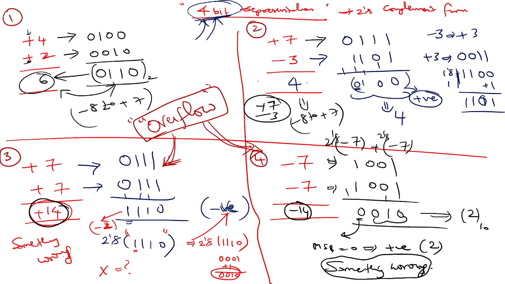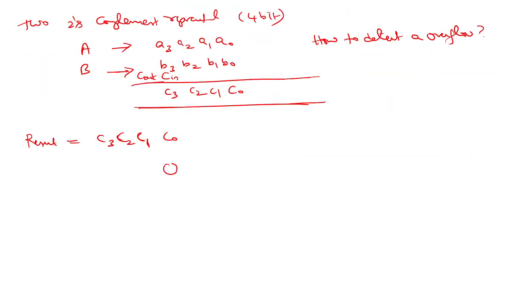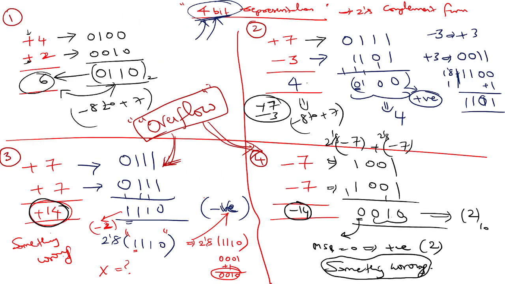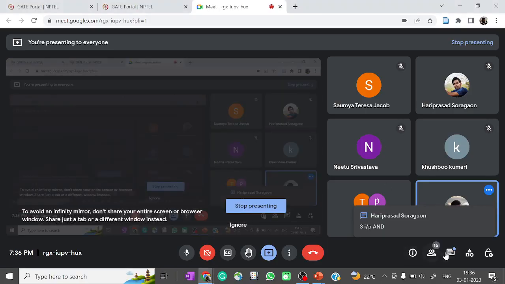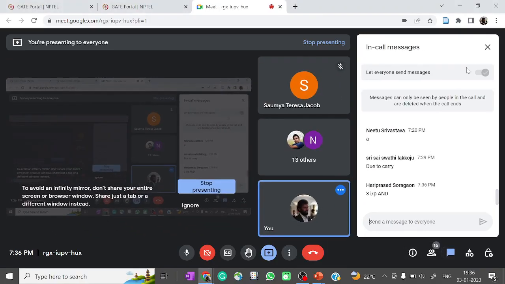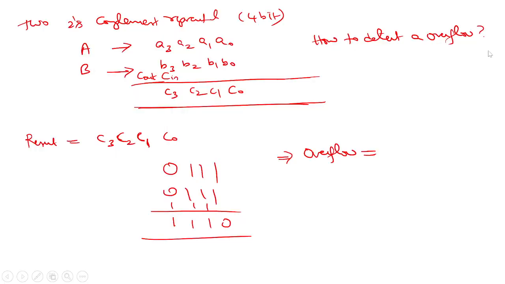Now look at this example. What does this example say? 0, 1, 1, 1, 0, 1, 1, 1. So what is the result that you got? 1, 1, 1, 0. Now try to say how to detect an overflow.